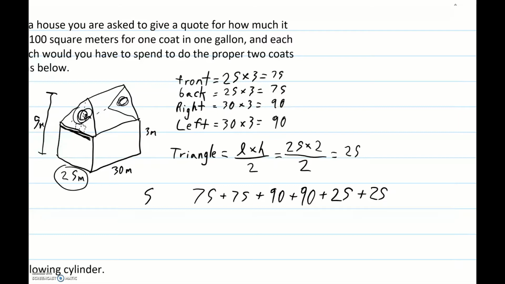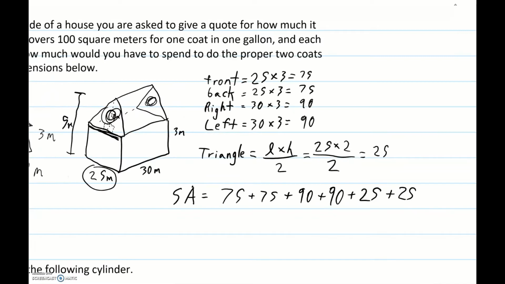Perfect. So this is our surface area of the entire house, the part that we're going to be painting. Now there's the roof, there's the ground. We're not using those, but other than that, that's everything.